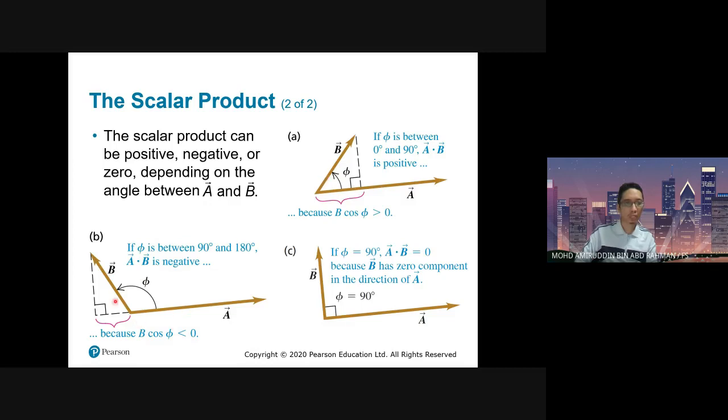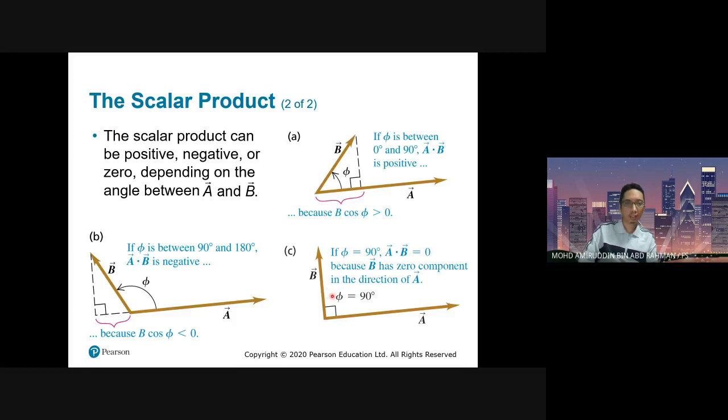But now let's say vector B exceeds more than 90 degrees to the vector A. So now the B component will be negative, right? Because the BX component, which is B cos phi, will be negative.